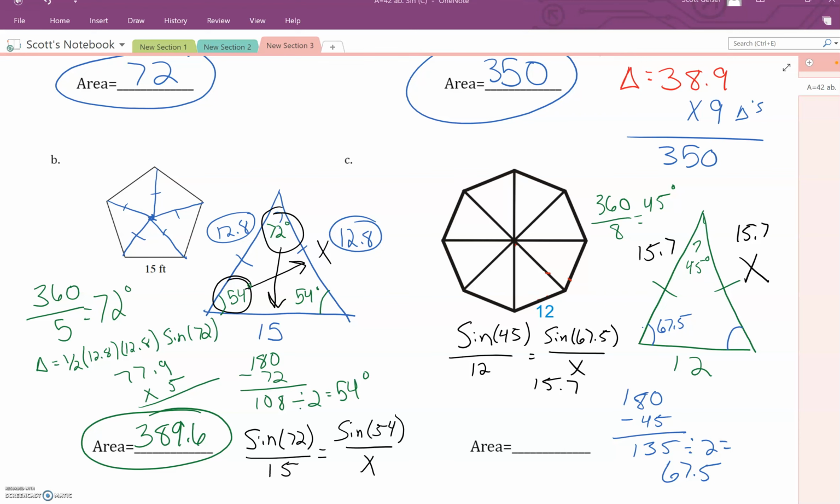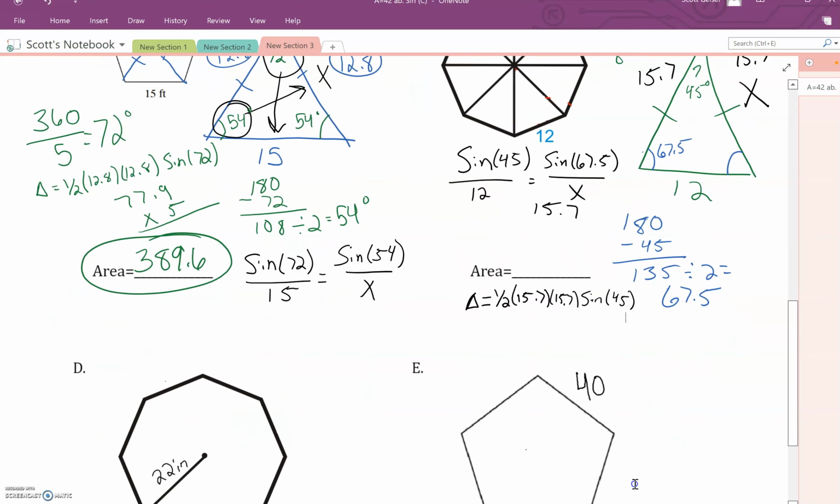For my area for one triangle, I should be able to do 1/2 times 15.7 times 15.7 times the sine of my angle in between, 45. With that, I should get something like 87.1.